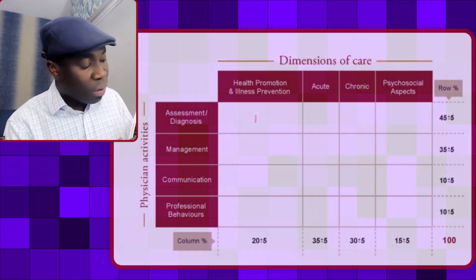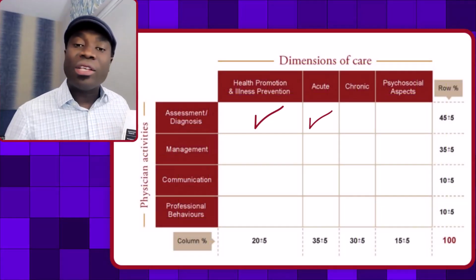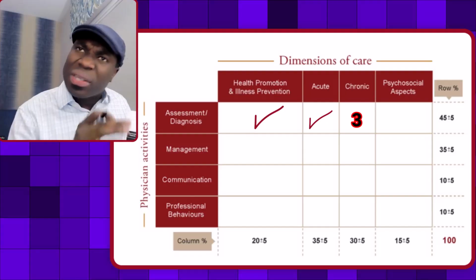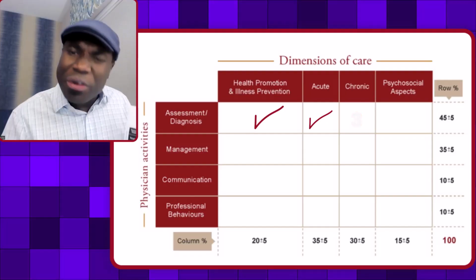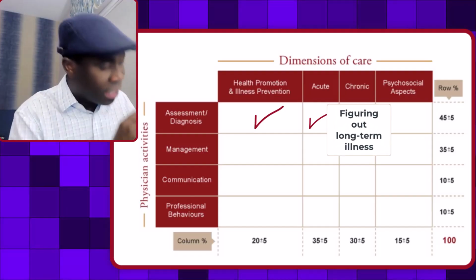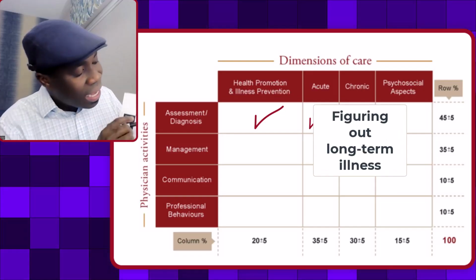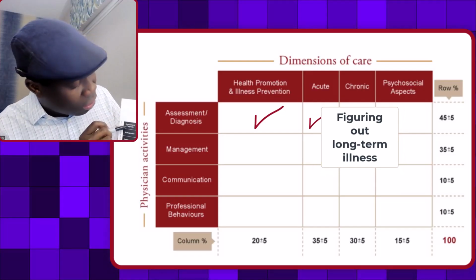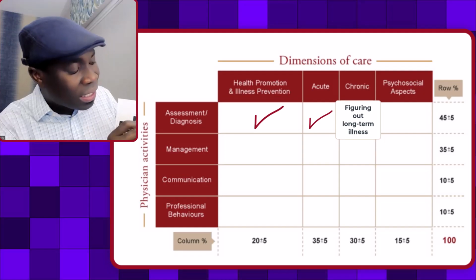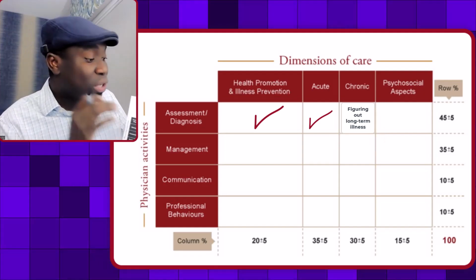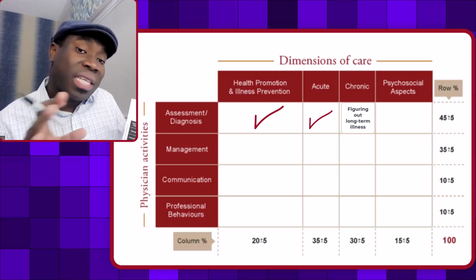So we've dealt with box 1, we've dealt with box 2. Now let's go to box 3. Box 3, I call it figuring out long-term illness. Why? Because it's the meeting place of assessment and diagnosis and chronic conditions. That's what I'm saying, figuring out long-term conditions.